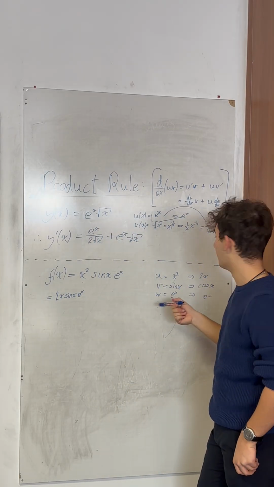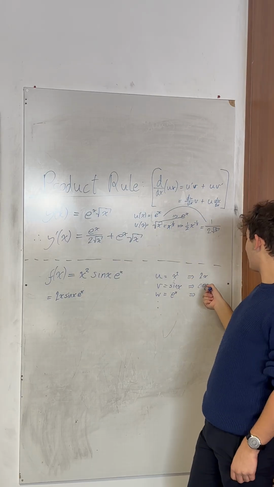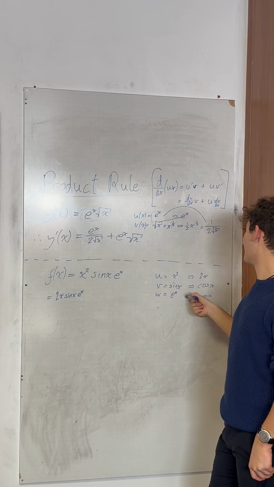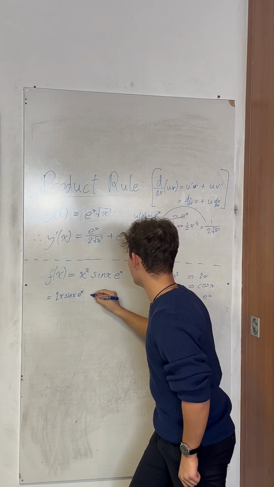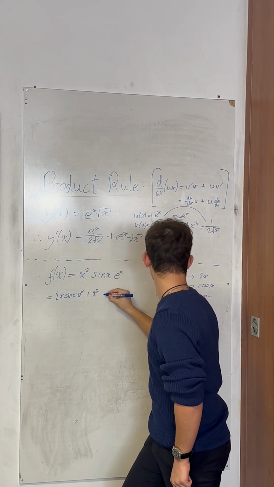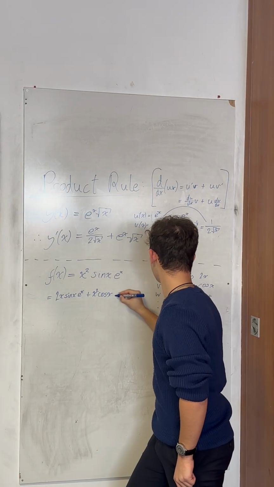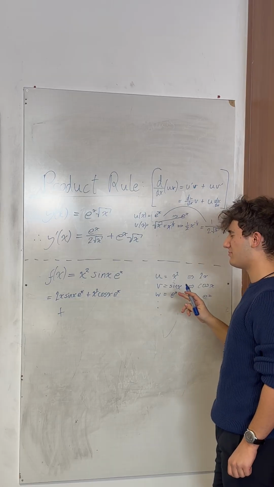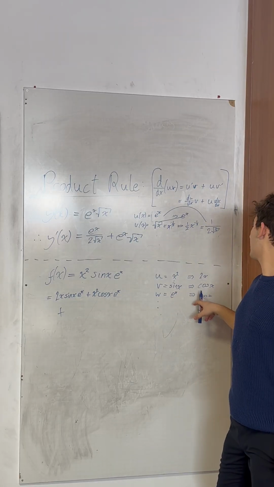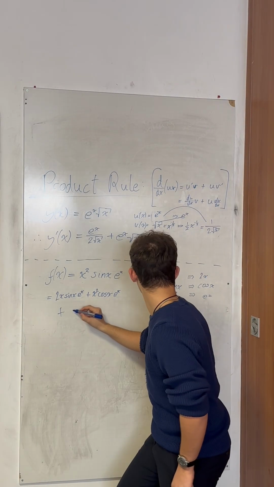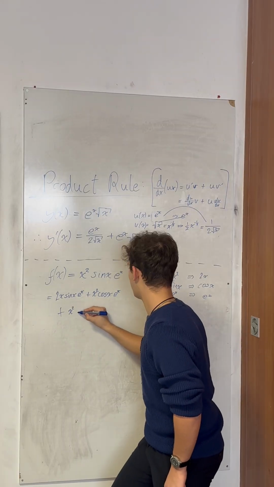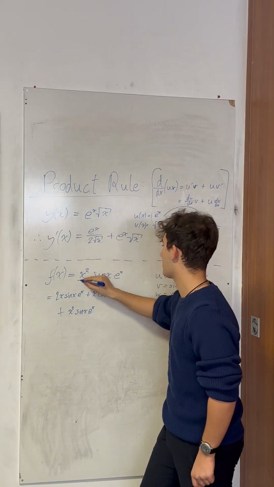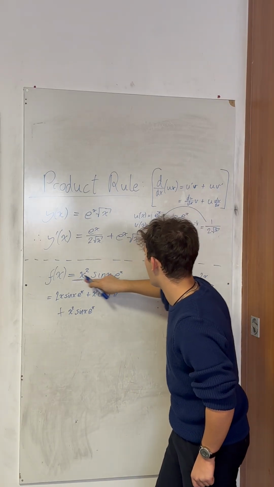Then we're going to take this derivative times these two functions, which is going to be plus x squared cos x e to the x, and then our final part, which is going to be this derivative, which is the same, times these two functions, so it's going to be x squared sine x e to the x, which, like I said, happens to be the same thing as we had earlier.